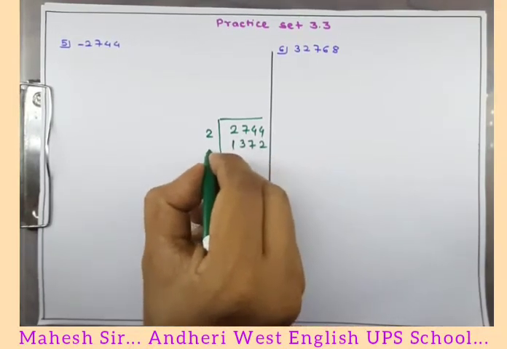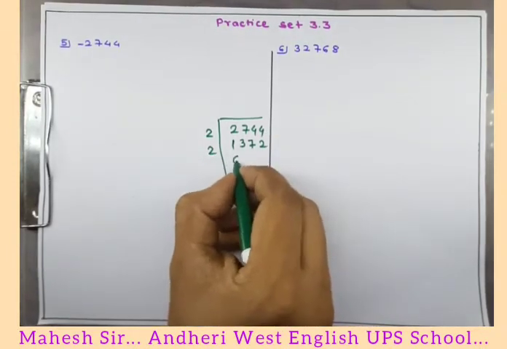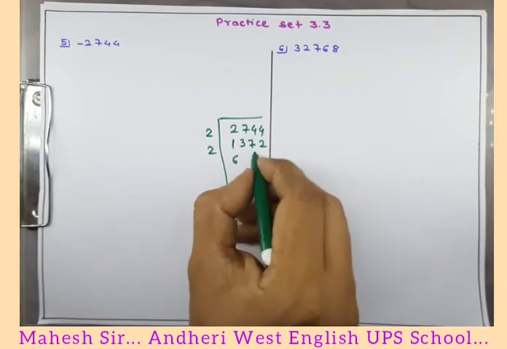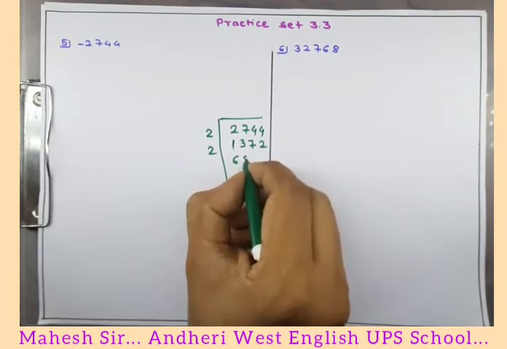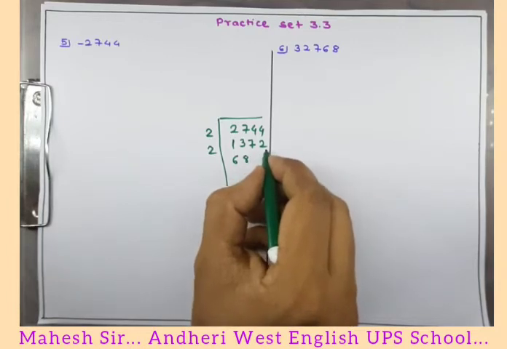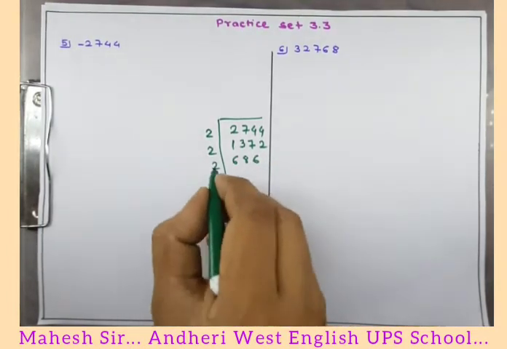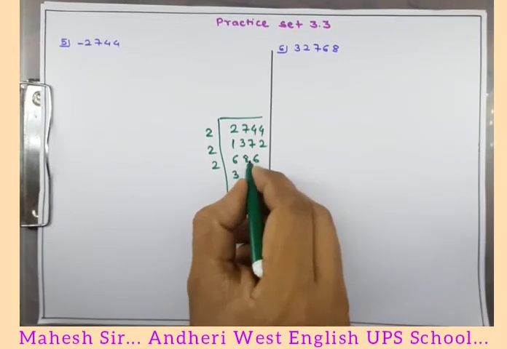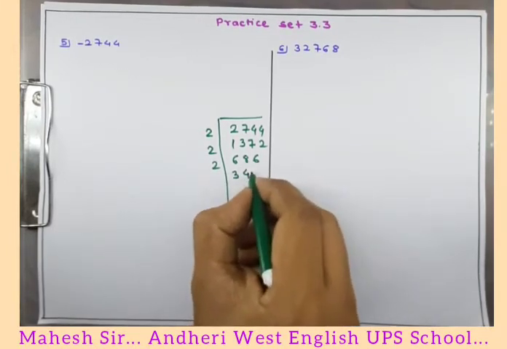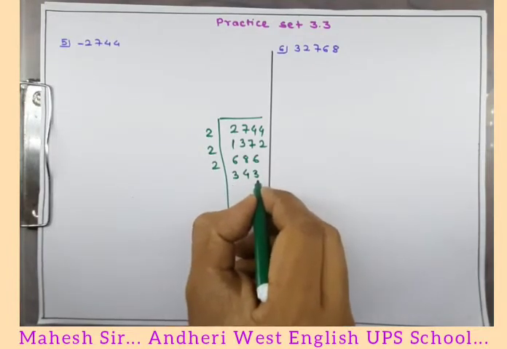Again 2 is there, so we divide by 2. 2 6s are 12, 1 remaining, 7 is there, so 2 8s are 16. Again 1 and 2, so 12. 2 6s are 12, 2 3s are 6, 2 4s are 8, and 2 3s are 6. So 343.